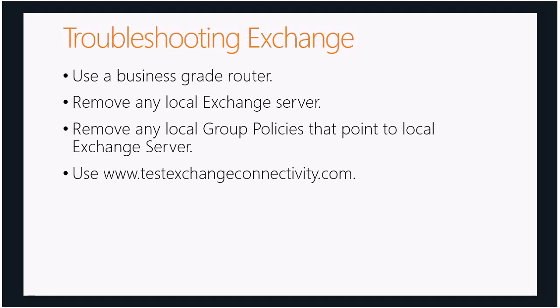That will give you testing on things like DNS and autodiscover records and all that sort of stuff, and basically allow you to see where any issues may lie. So again, I strongly recommend that testexchangeconnectivity.com is a major tool in your tool belt when you are troubleshooting not only Exchange but also things like Skype for Business.